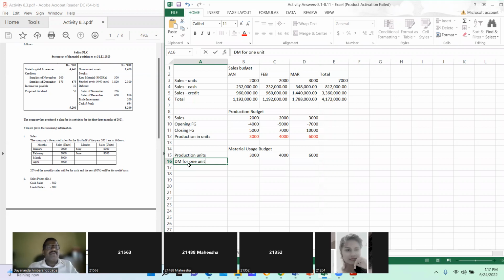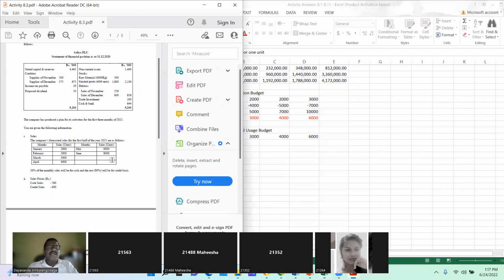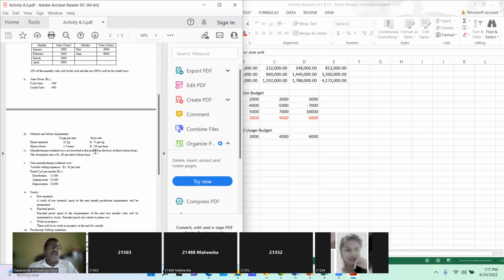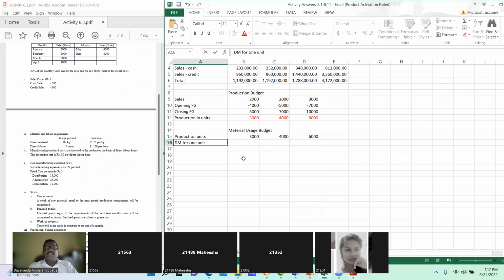DM of one unit is given in the scenario. You see it is 2 kgs, 75 rupees. So you can say 2 kg, here also 2 kg.